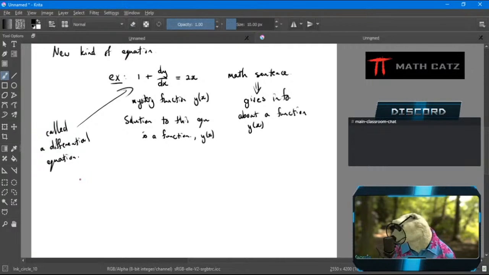But that's not a route we're going to take, so we'll just call it a differential equation. The most important thing is to realize what a solution to this equation looks like. So if I take my 2x plus 1 equals 7 versus 1 plus dy dx equals 2x, those are both equations. One is let's call it a variable equation, a number equation, and the right one is a differential equation.